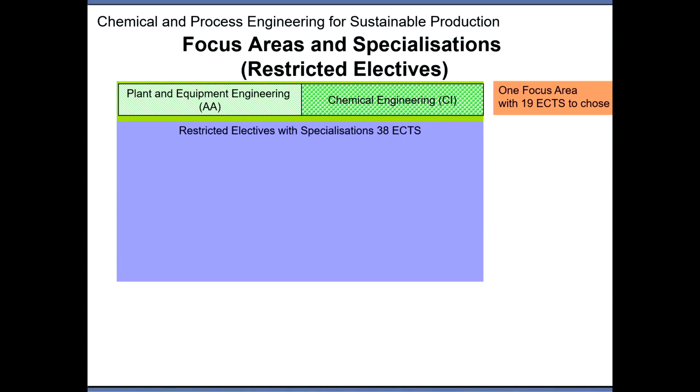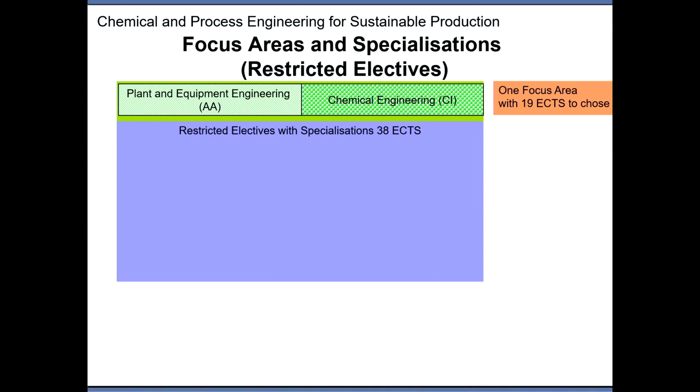Now I come to the restricted electives. This is the focus area and the specializations. There are 2 focus areas where the student has to choose one of them. One is plant and equipment engineering. It is nearer to mechanical engineering, and one is chemical engineering. This one is nearer to chemistry.